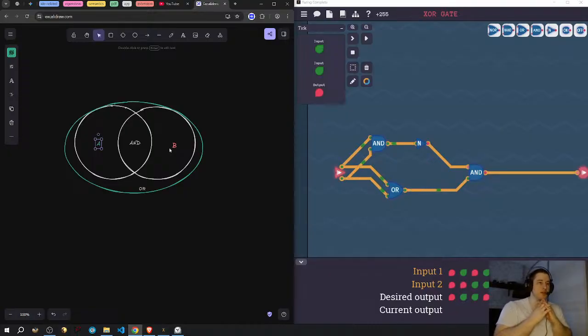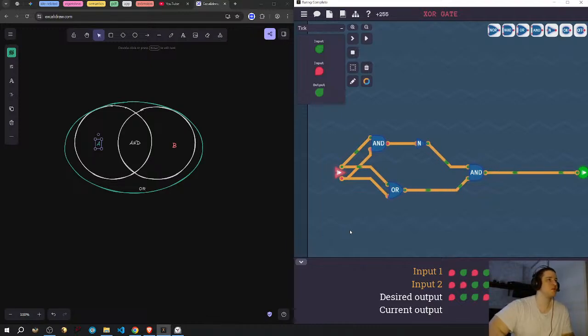I don't know if this makes any sense. Yeah, because the NOT gate negates there.